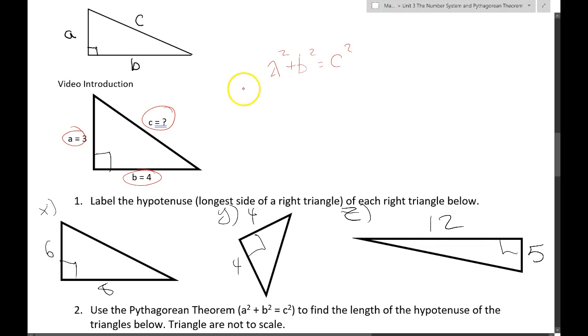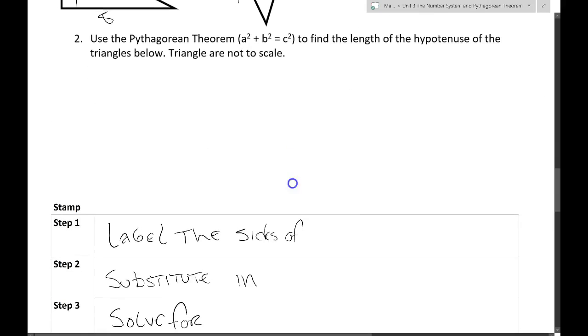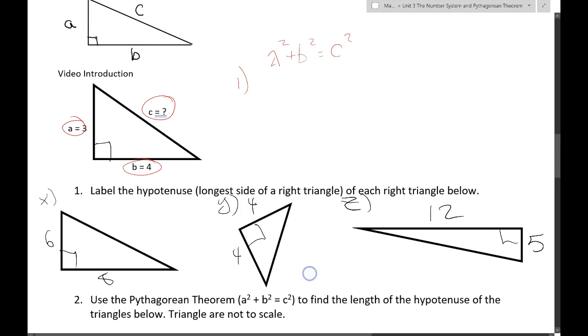Step one is to identify and label our sides. Here, I've labeled A as 3. So I'm going to write 3 squared plus B, which in this case is 4 squared, equals C squared, since I'm not sure of C yet.